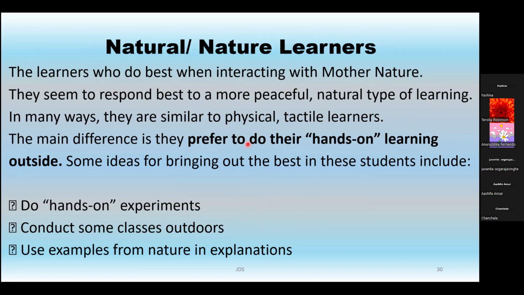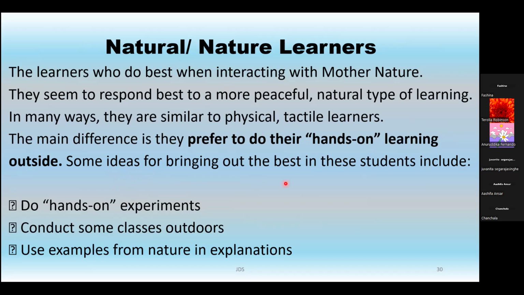They can be tactile, auditory, visual, any kind of learners, but their learning style will emerge when they are placed in a natural environment, right? When they are taken outdoors and assigned tasks to be done outdoors, they tend to learn successfully.